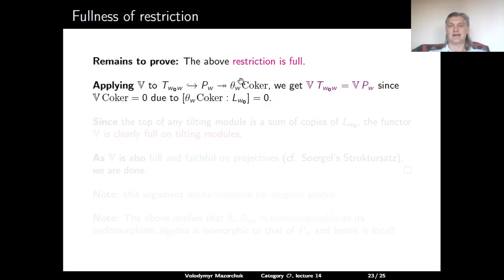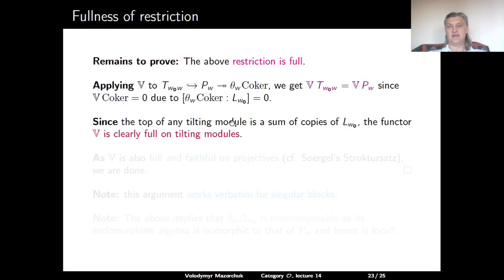V kills the cokernel because the cokernel doesn't have any subquotient of the form L_{W0}, and V is an exact functor. Since it kills this third part, it follows that V applied to T_{W0}^W is isomorphic to V applied to P.